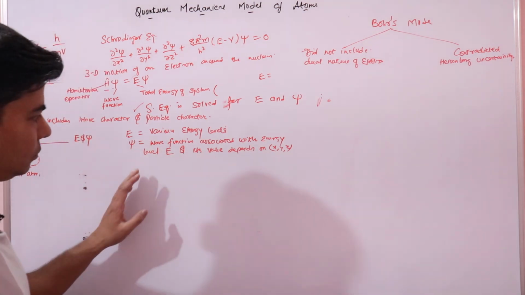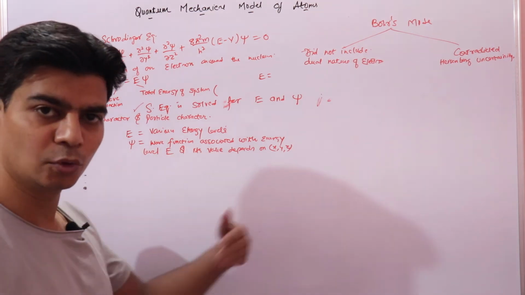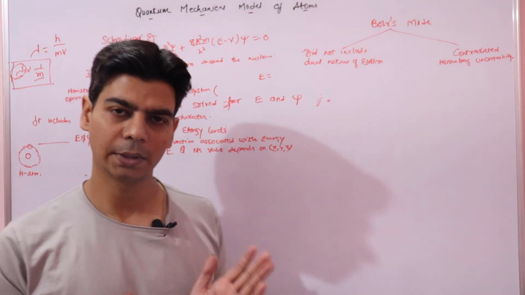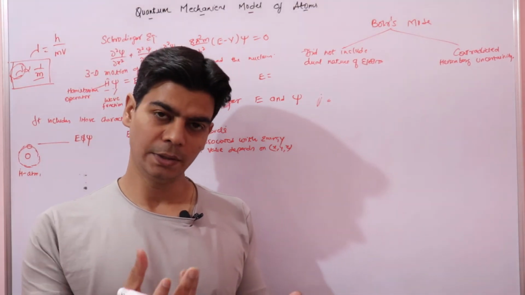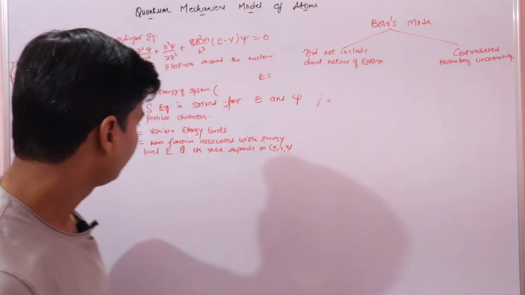And later in a moment we will see that this psi is nothing but the orbital, right? We know what is orbital. It's inside the orbital that we have electrons, right?